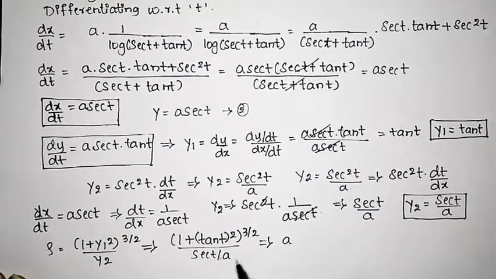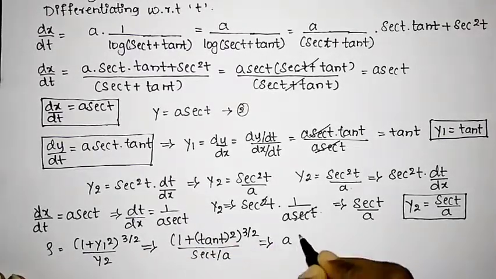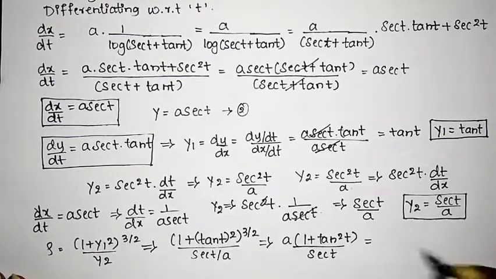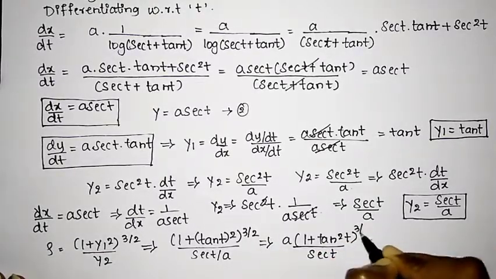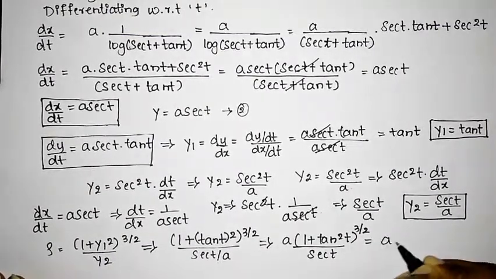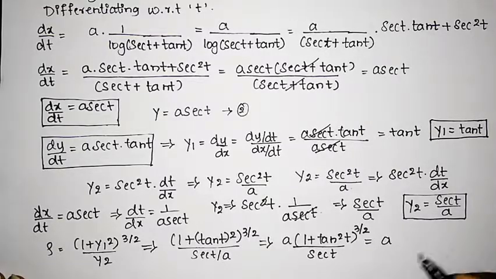So sec t by a will go to the numerator, and it will be a into (1 plus tan square t) raised to 3 by 2, divided by sec t. Therefore we can write it as a into sec square t, since 1 plus tan square t is nothing but sec square t, raised to 3 by 2, divided by sec t.